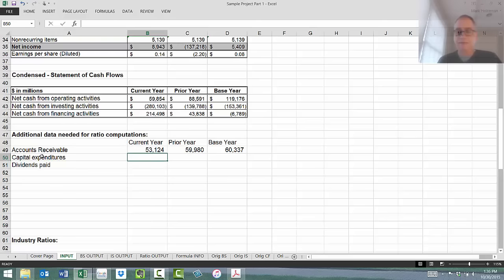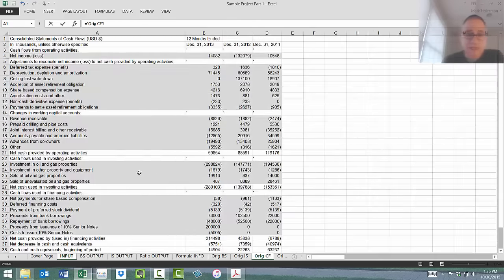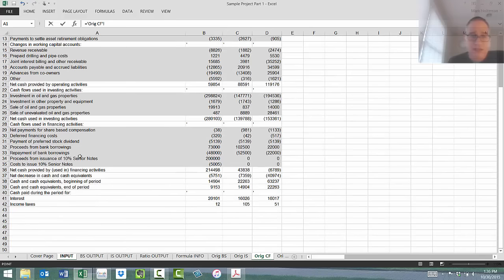And where are you going to get these capital expenditures? This question I get quite frequently. You look in the cash flow statement under investing cash flows, and oftentimes capital expenditures is called purchase of PP&E. So in this case, it's investment in oil and gas properties, and this is negative.